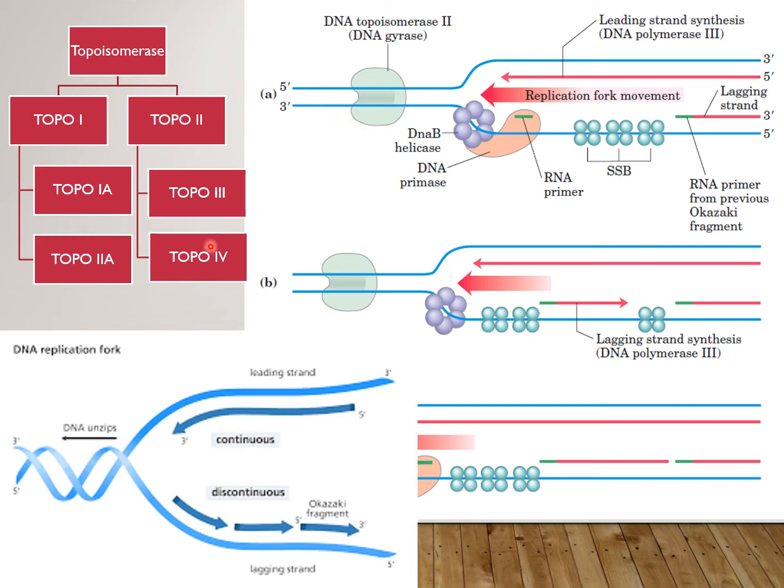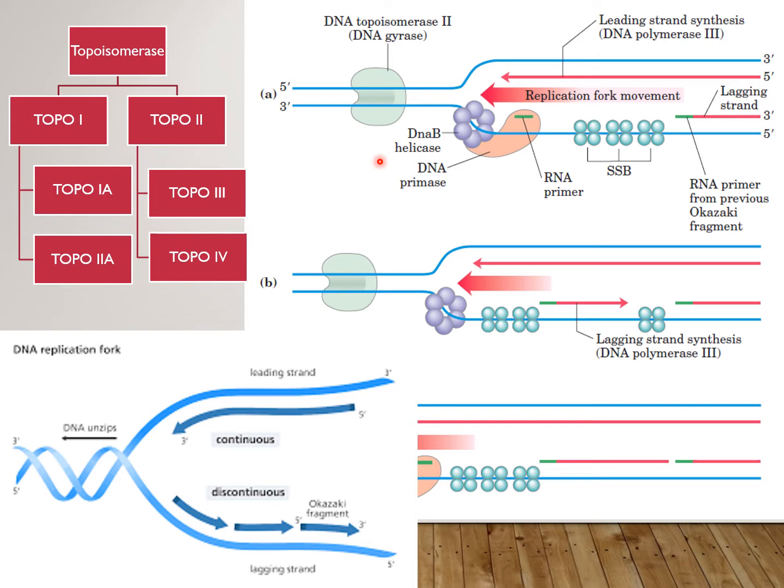Whereas topoisomerase 4 belongs to the class of topoisomerase 2, which breaks both the strands of a DNA, and then it can remove the tangling of the DNA, and that is useful in the termination phase of DNA replication.